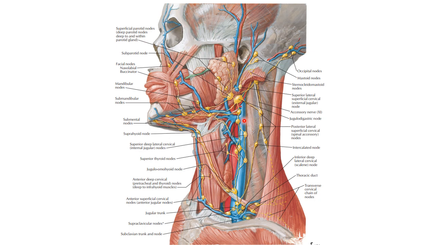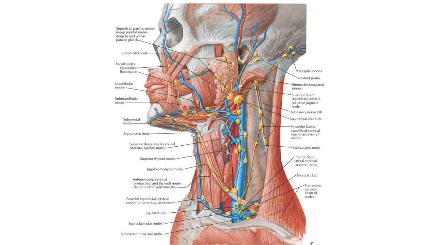It will start from the head and drain progressively downwards, and it will also start from superficial and drain progressively into deep. So again, the drainage of the lymphatic vessels would be from superior and superficial to deep and inferior.